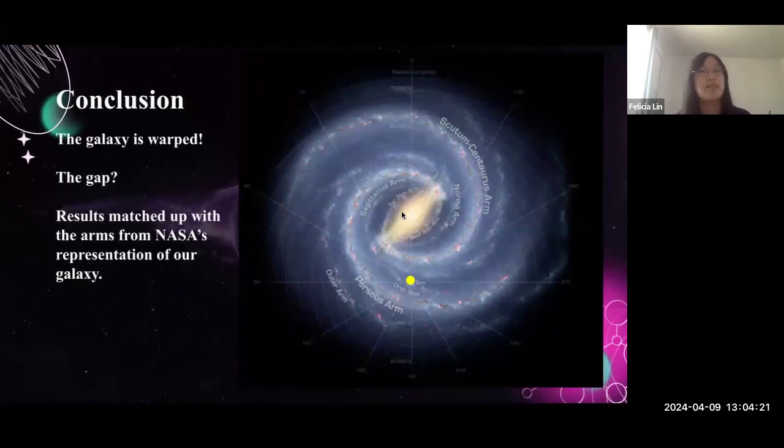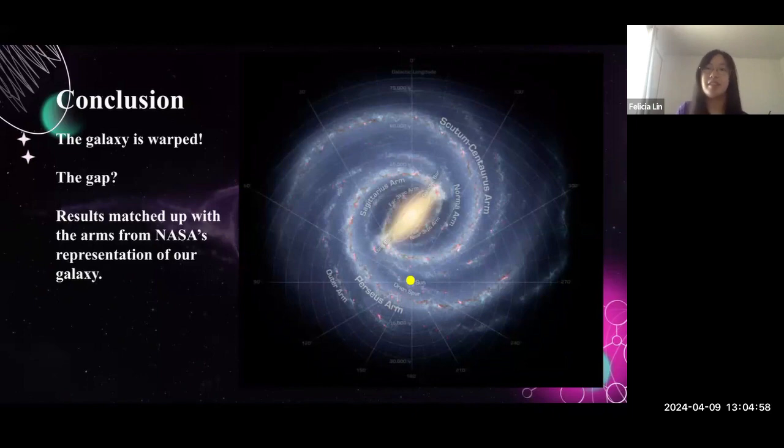The warp shape is like, as you increase the galactic longitude, the arms get closer to our position. And our data shows that the distance that we detected for the hydrogen clouds is similar to where NASA detected their hydrogen clouds, which makes our data more credible, I guess.